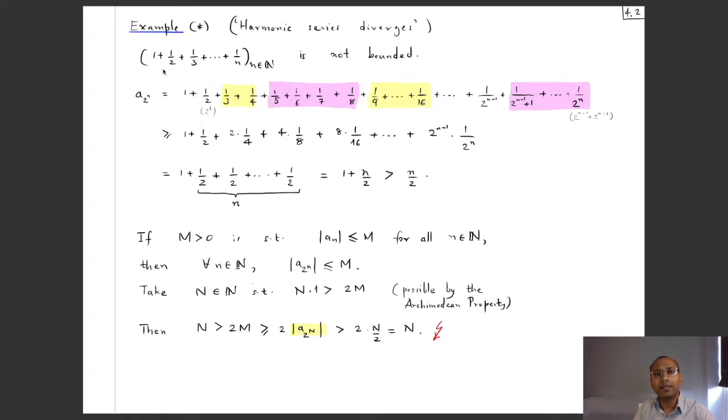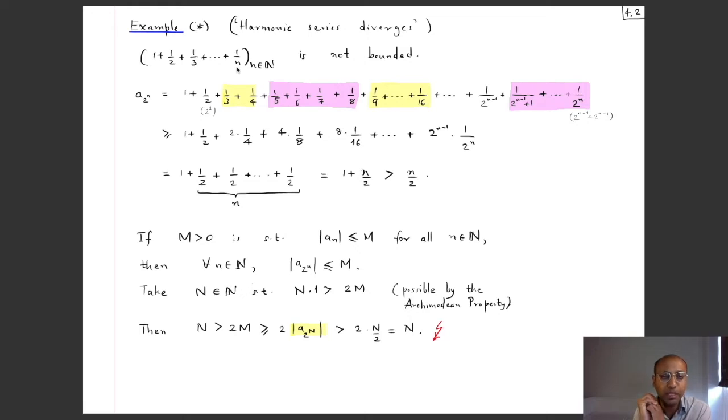We had met this sequence earlier and noticed that the terms are increasing, because if I look at a_{n+1} minus a_n, I get 1 by n plus 1, which is a positive number. So each time the terms are increasing, but the increment is very small if you go far out in the sequence.